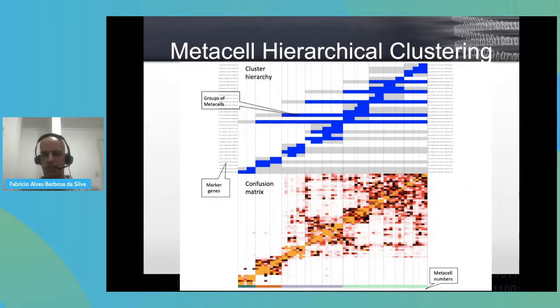So by doing that, in a top-down approach, you first get your metacells, and then you do your hierarchical clustering, and then you get your marker genes. You can submit your marker genes to some automatic identification process, and then you can associate clusters of metacells to cell types. And then you can proceed with advanced visualization techniques and other techniques that you need, depending on the biological question that you need to answer.